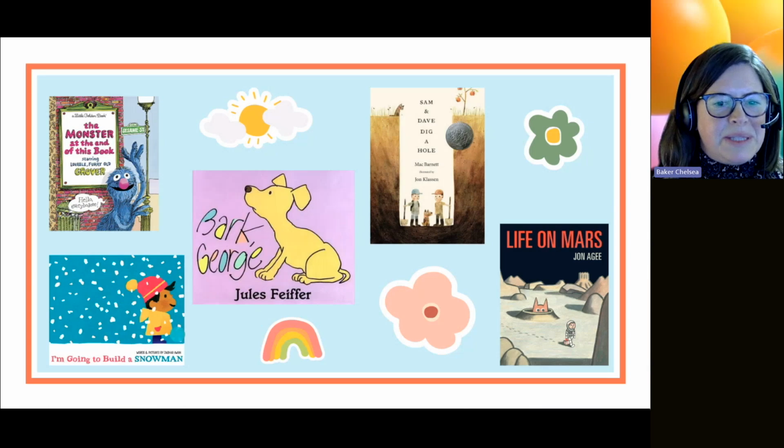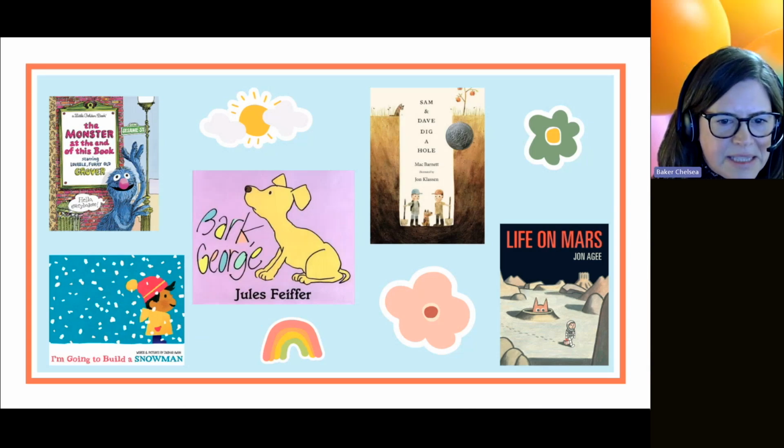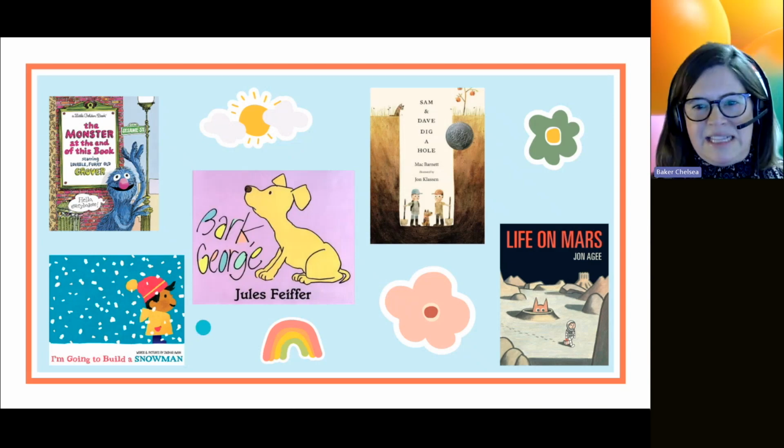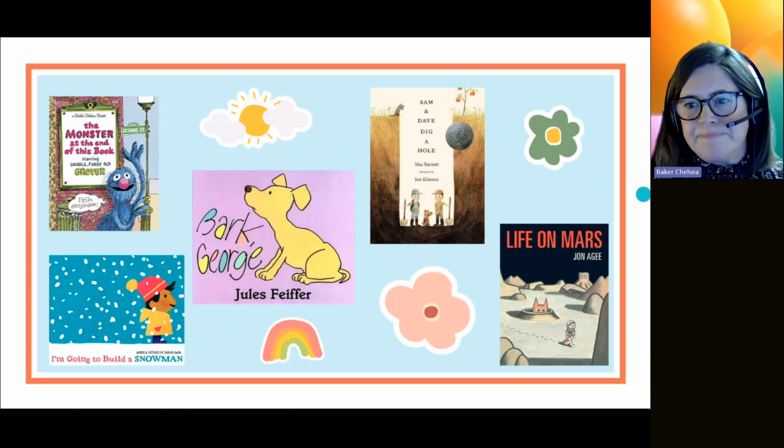I'm Going to Build a Snowman, I can't read the author's name, it's too small for me there, and I'm forgetting. But it's a great book about mindset, and for the winter months, building a snowman, imagining what that snowman's going to look like, and when it doesn't turn out the way you thought it would, it's a really good book.